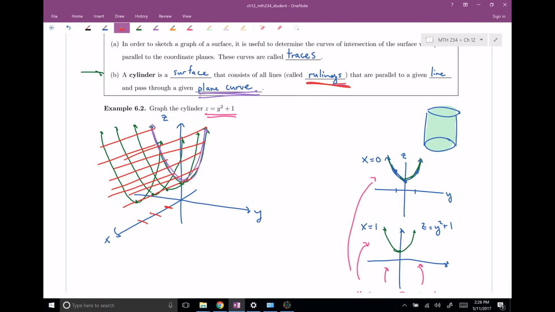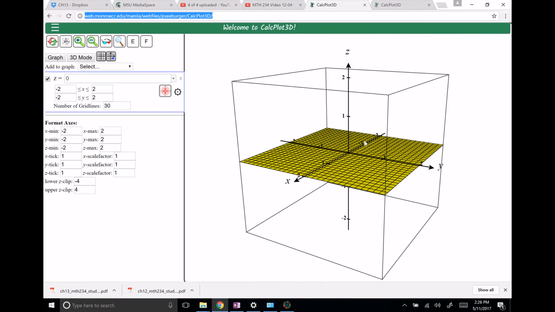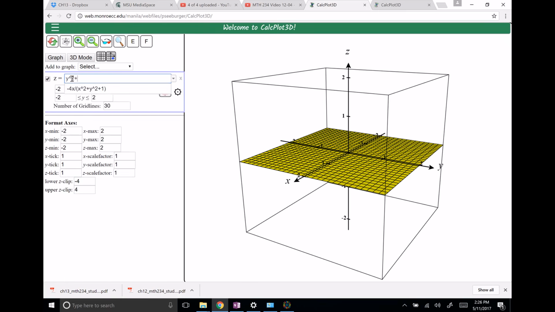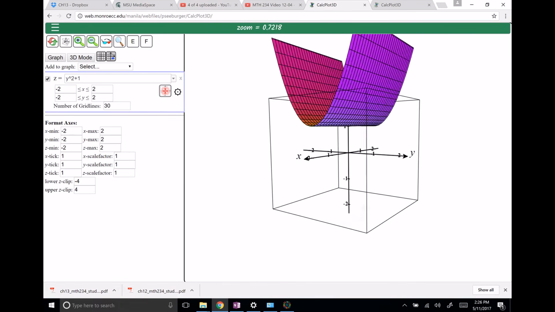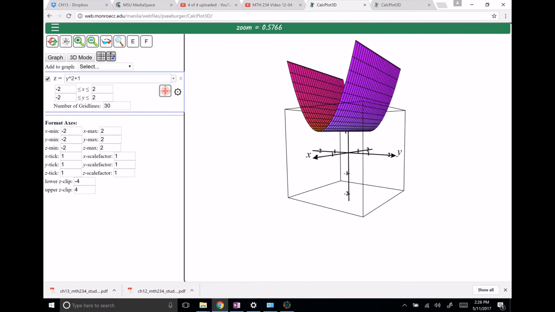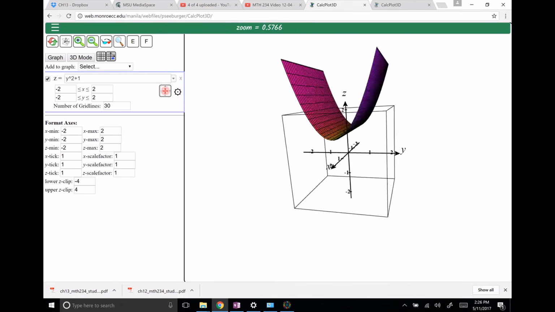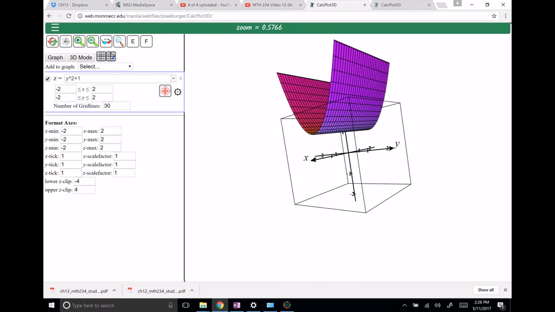And so when we get done, especially in a video where we have technology right in front of us, it's nice to graph and make sure. So, okay, I would like to graph y squared plus 1, hit enter, and I'll zoom out a little bit, and you can see it's this parabola thing, but when you go along the x direction, it's just more copies of the parabola.